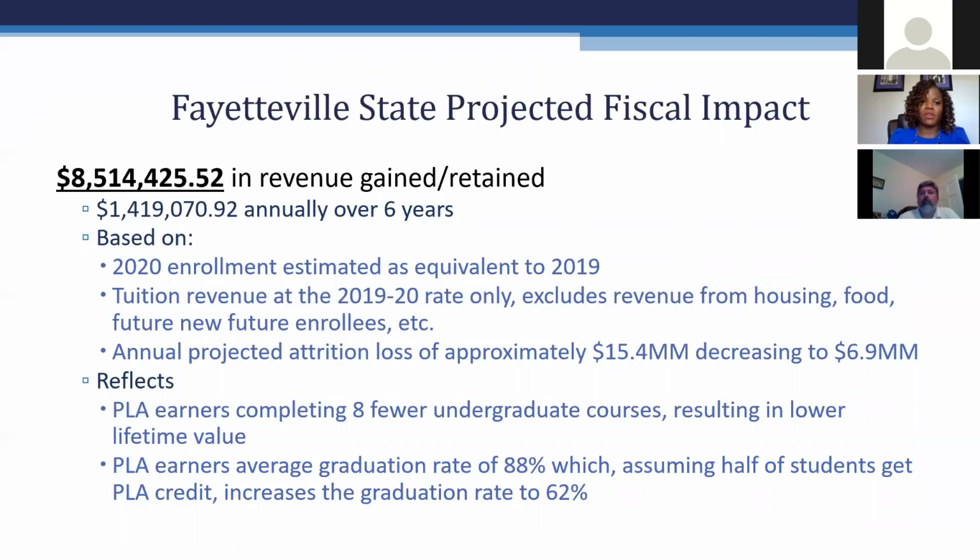And so that's where we're seeing that longer-term retention. It'll also be important to keep in mind that these figures do not even consider any possible increase in enrollment based on marketing of a PLA program. So we're just looking at the numbers of students that we have currently.